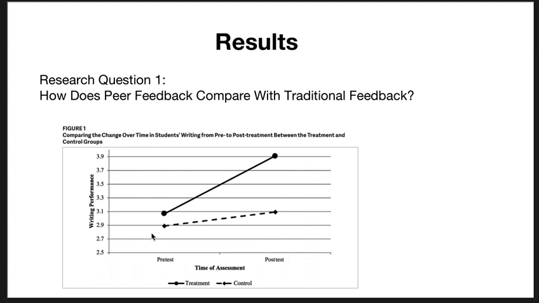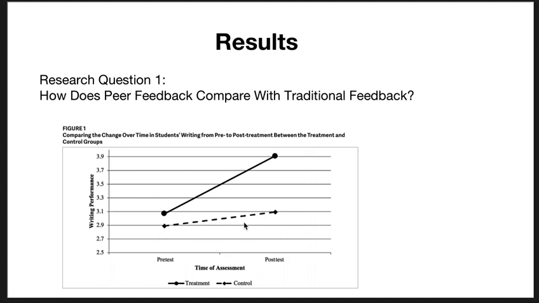And to better understand this difference in writing performance over time, adjusted means are plotted in figure 1. We can see from this figure, each line shows the pre and post test scores, with the peer feedback group's scores shown by the solid line and the traditional feedback group's scores displayed as a dashed line.